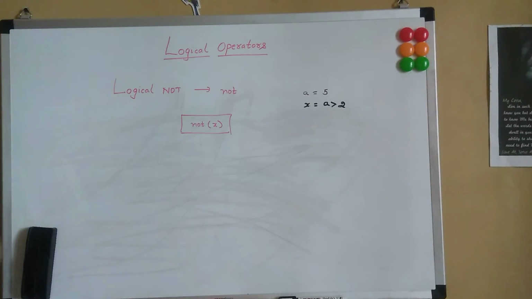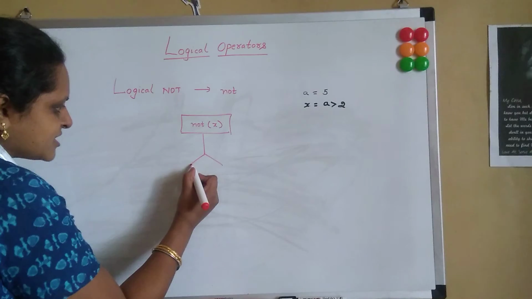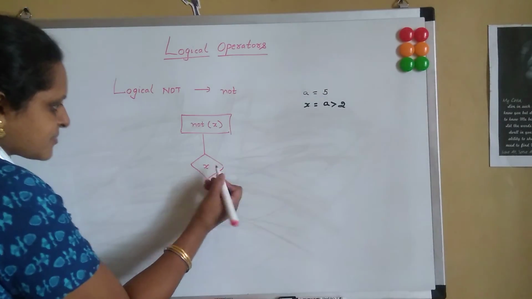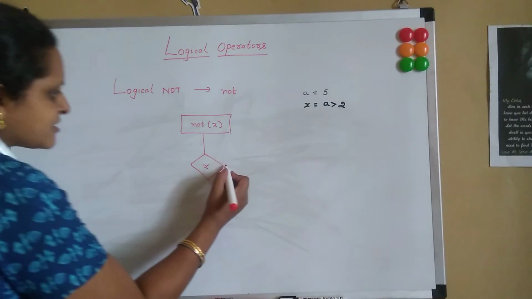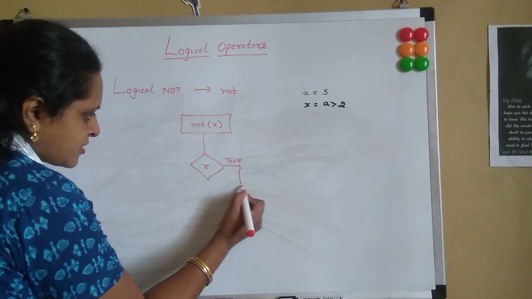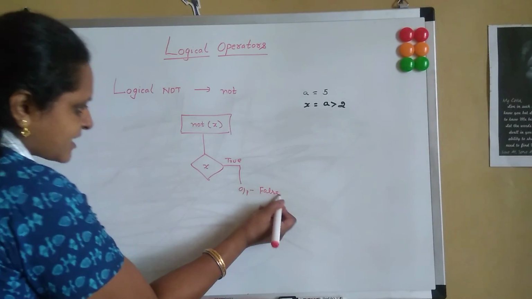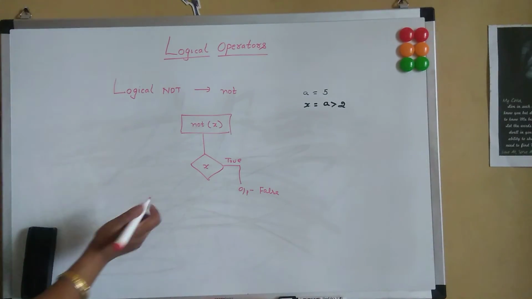So in this case, for NOT of X, initially it will check for the condition X. If the condition turns out to be true, the final output becomes false. That is the negation. NOT of true is false.